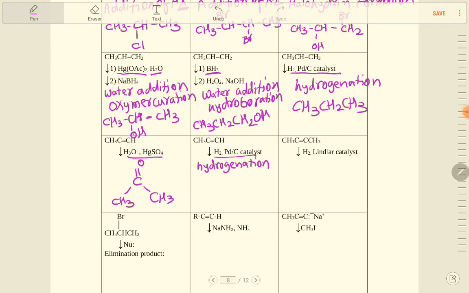And you can write its product. This is basically alkyne hydrogenation because of 3 bonds, so you can write the product. Now you know how to write. This is hydrogenation as well.